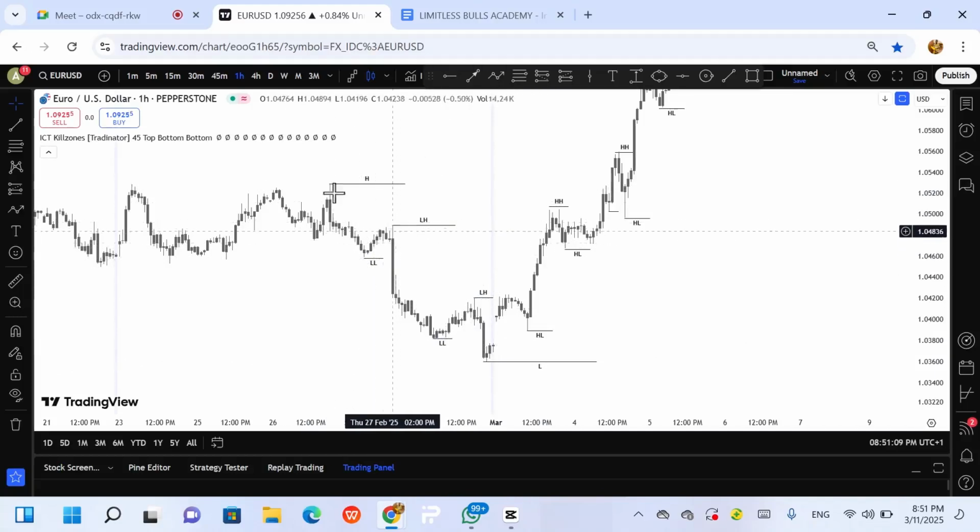This is a lower low because this was the other low that we can see from this. So now this is a high, this is a lower low. Sorry, this is not the lower low.